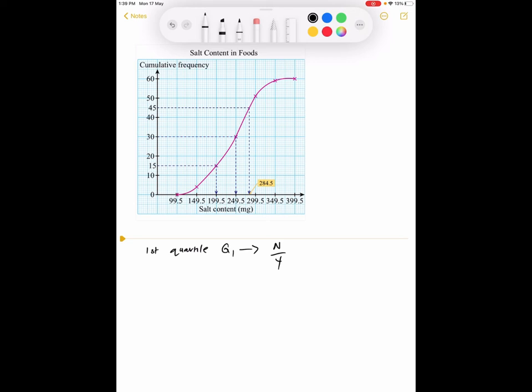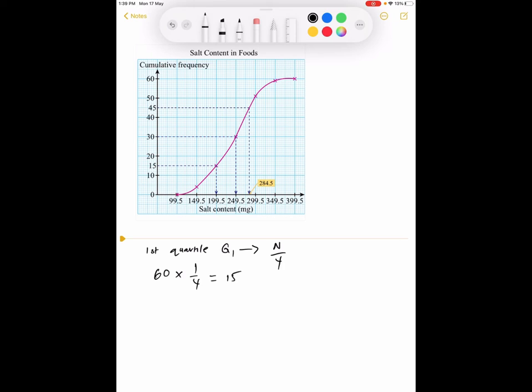Here n is the cumulative frequency, so it is 60 multiplied by 1 over 4, and the value is 15.